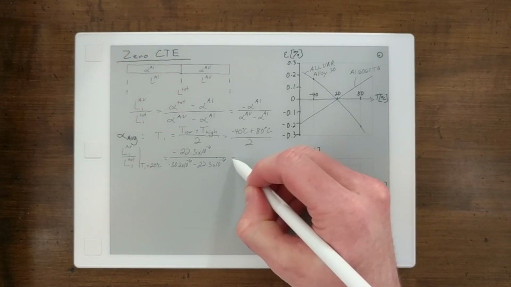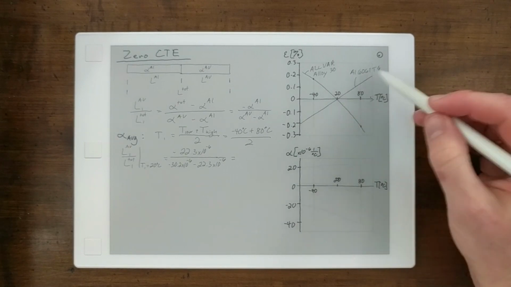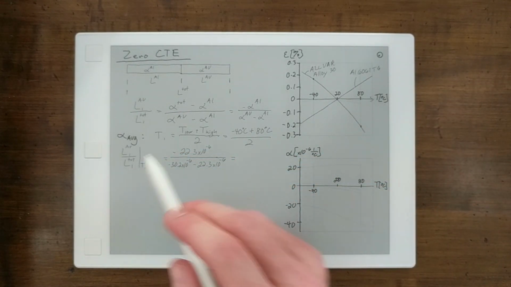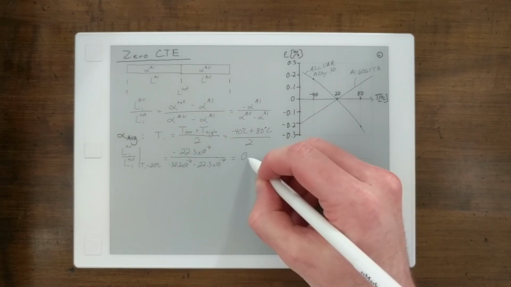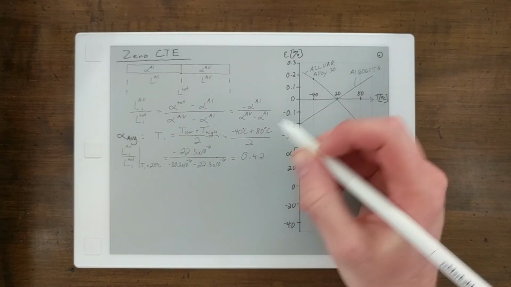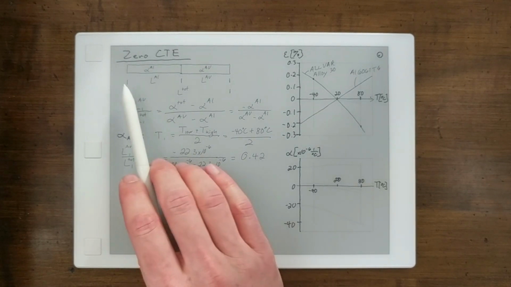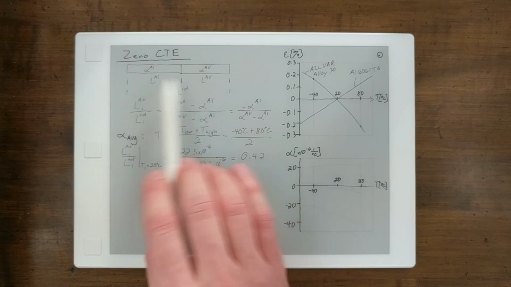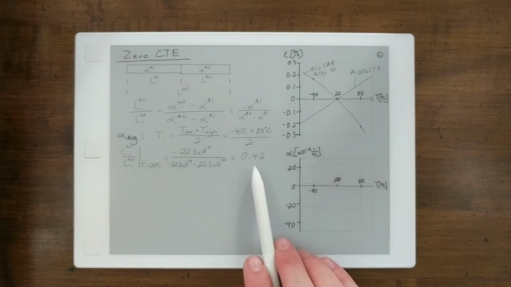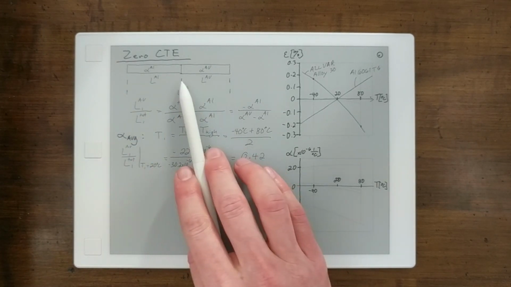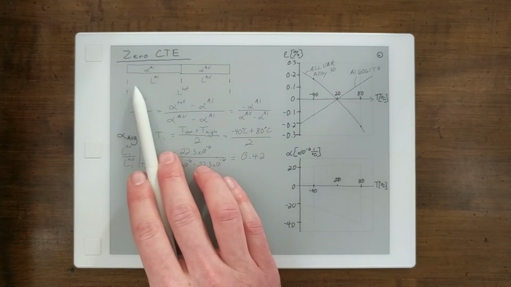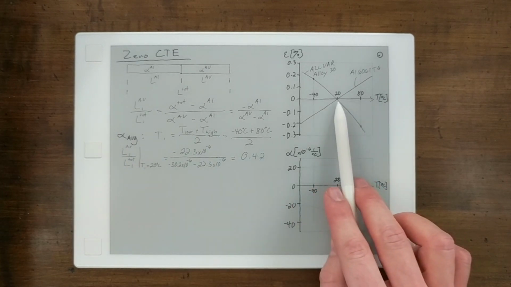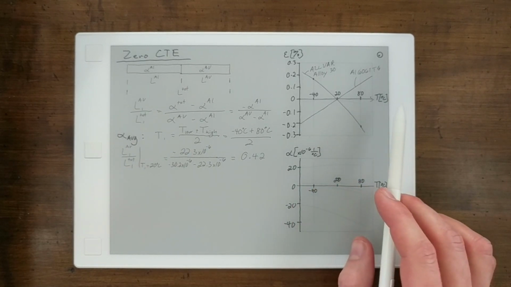And what you see is for this piece of ALLVAR and this piece of aluminum that was tested, you get an L1 ALLVAR divided by L total of 0.42. So if you have, let's say, a 1 meter long piece of material, 0.42 meters will be ALLVAR, and the balance will be aluminum to achieve zero average coefficient of thermal expansion from -40 to +80.